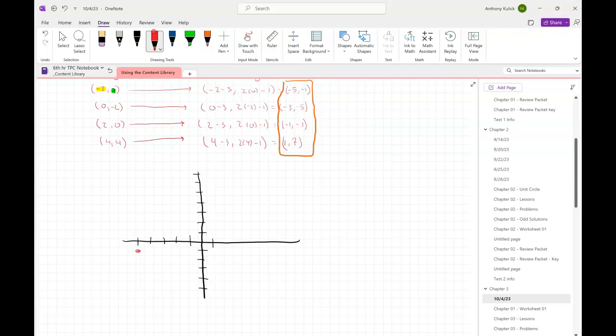Negative 3, negative 5 is like down there. Negative 1 is like right there. And then 1, 7 is like there. So my function kind of looks like that. Everybody's okay?